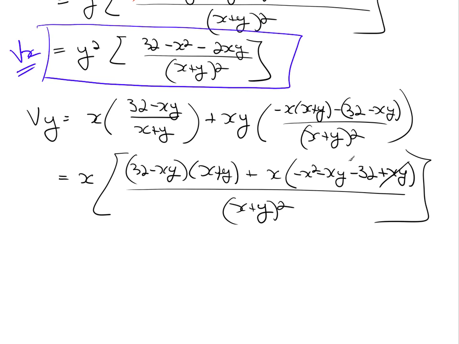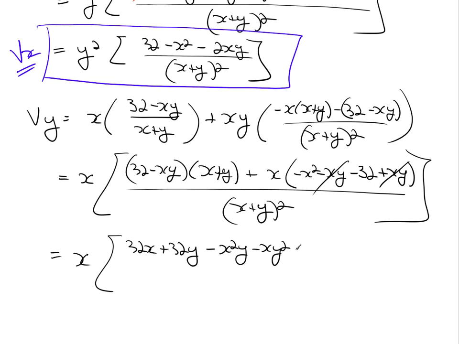These are going to go away. See, this is going to be x times, expand this, 32x plus 32y minus x squared y minus xy squared. This is minus x cubed minus 32x, all over (x plus y) squared.